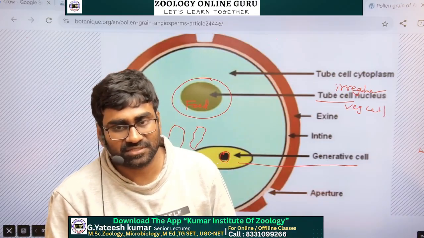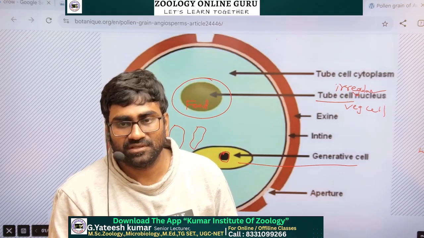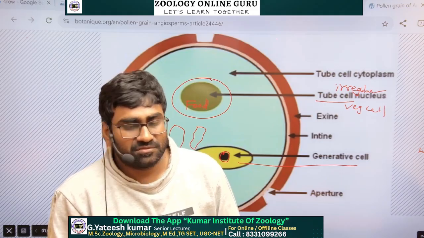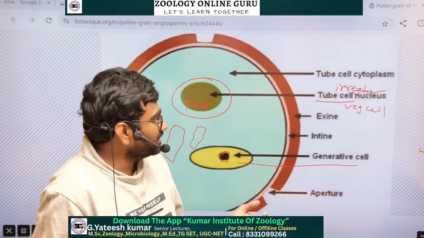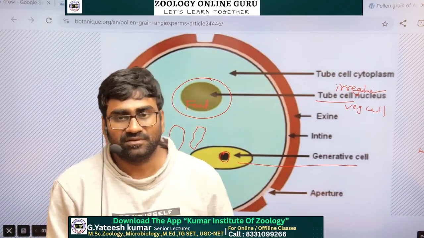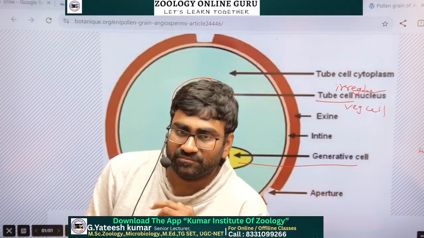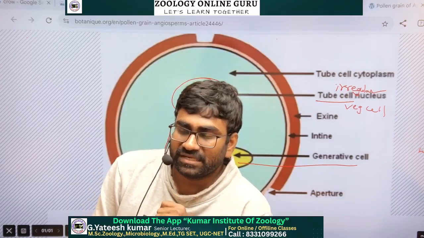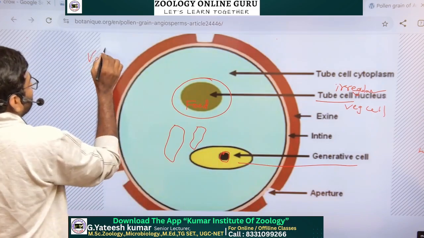Thus pollen grains are shed at the three-celled stage. It is a neat PYQ question. Then the shed pollen grains land on the stigma before they lose viability. The viability period of pollen grains is very important.